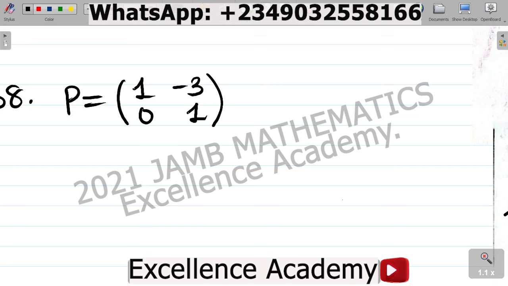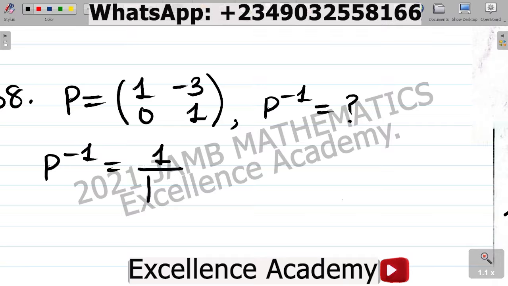How do we get the inverse of P? Now for this question, you want to note that to get P inverse, we take 1 all over the determinant of P, multiplying the matrix for the inverse, where the term here comes down here and the term here goes up here.